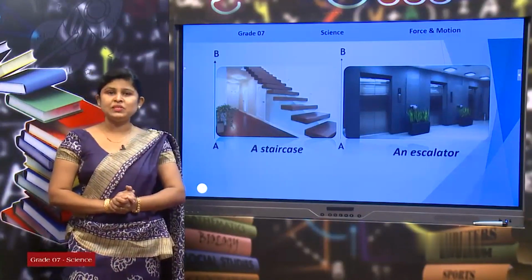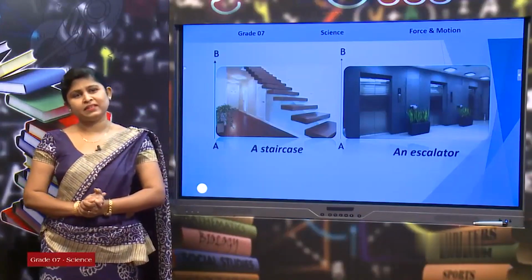As you think, which method is the easiest method? Yes, definitely you will answer me, using the escalator is easier than using the staircase. Why? The path of the escalator is shorter and it is linear than the path of the staircase. Through our experiences, we know that going along an escalator is easier, because the path of the escalator is shorter and it is linear than path of the staircase.